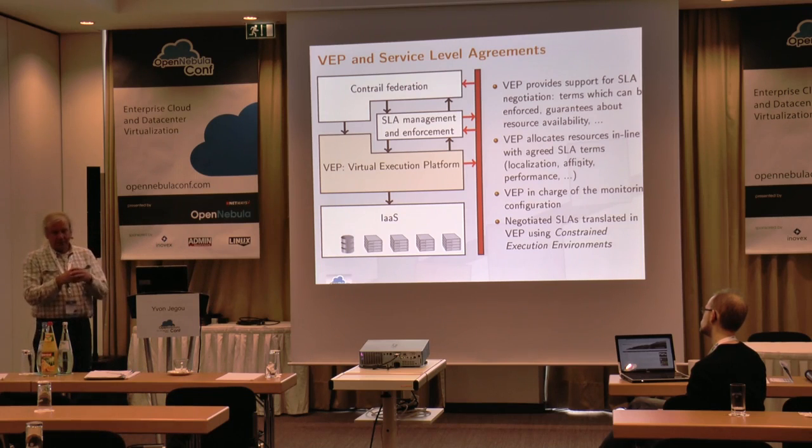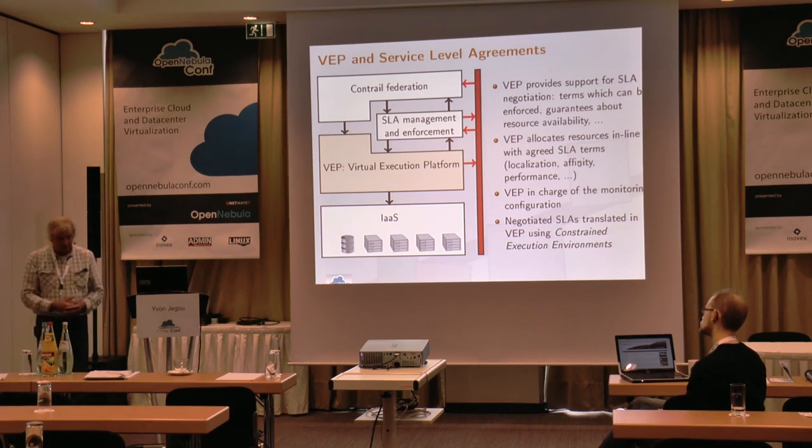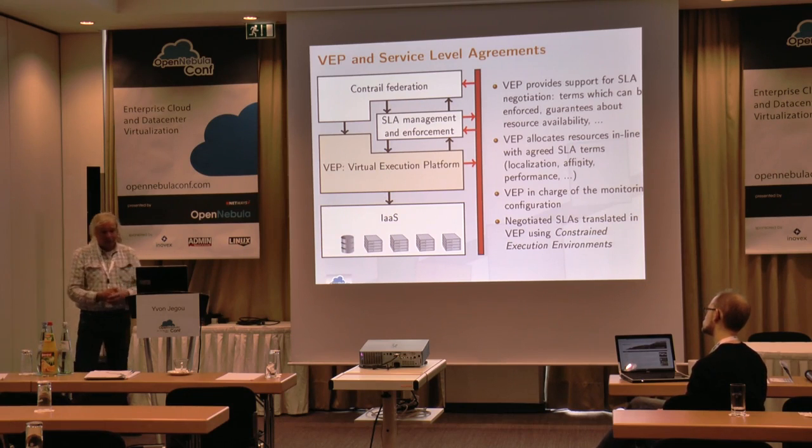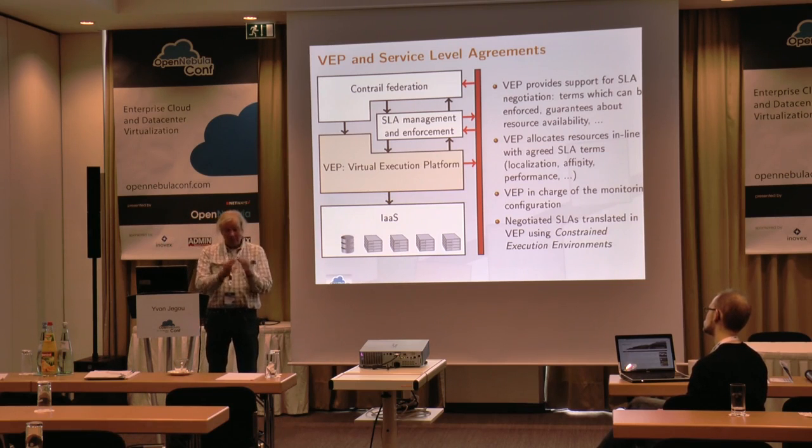Now, once we have negotiated the SLA, it is necessary to deploy the resources. The resource allocation process must be aware of what has been negotiated in the SLA. For instance, you could negotiate to get 50 VMs inside the same cluster or on the same physical machine connected to the same high-performance network.